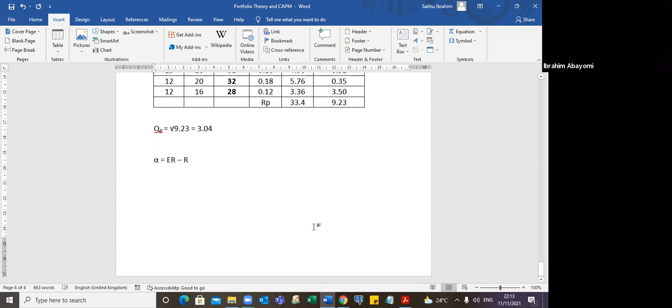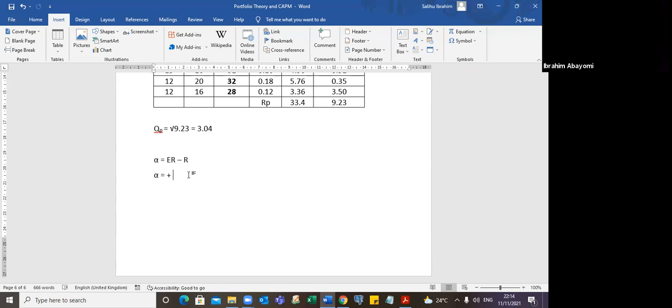Now, if you compute your alpha value, and what you have is a positive figure, you discover that your alpha is positive.